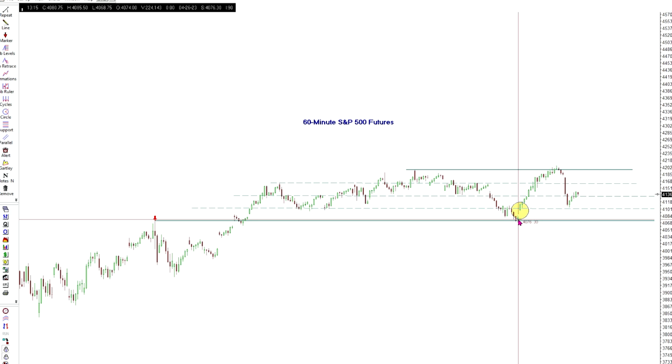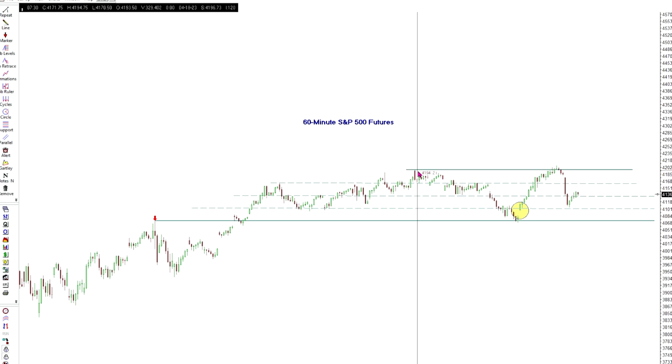So this low right here on the S&P 500 is 40.68 3/4. So it just slid past it by only 2 points and then reversed and had a gap up the next day and moved all the way to the top of this range.